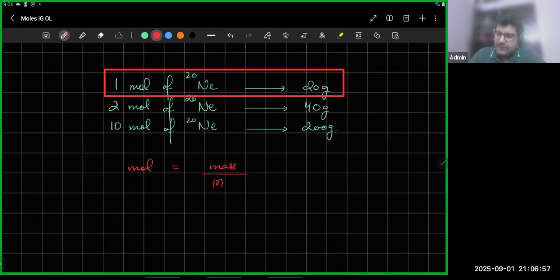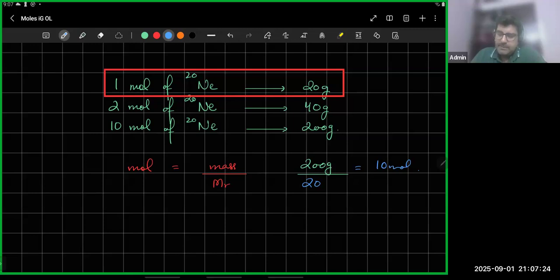So the ratio that we just implemented above: if you know what the mass is, 200 grams, and you know what the molar mass is, that 20, then you would know the moles, which is 10 moles. The formula gives you exactly this.